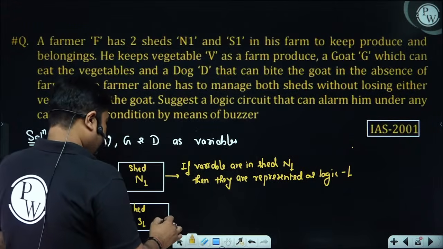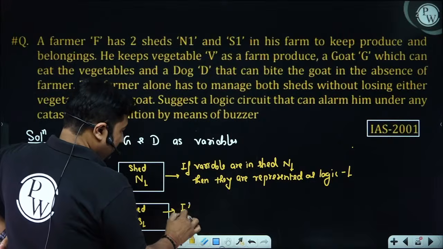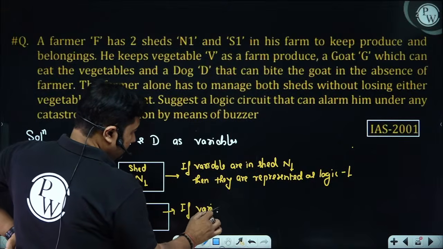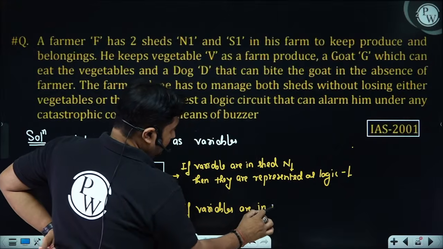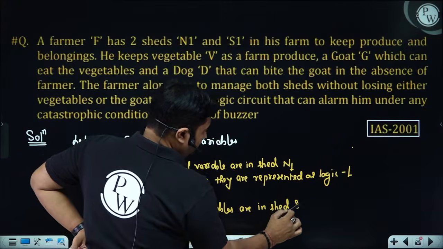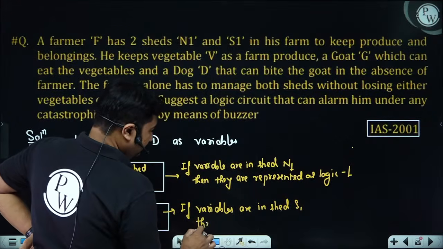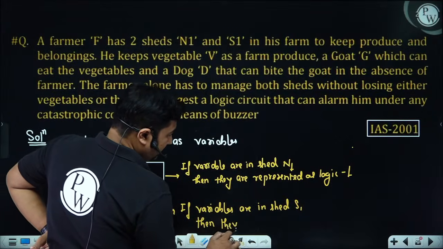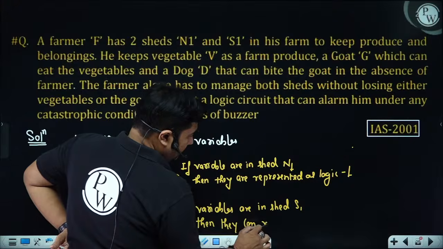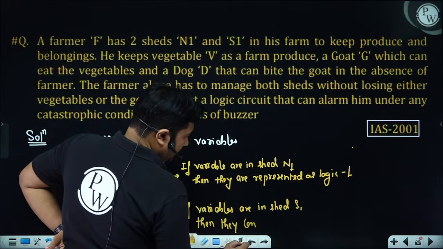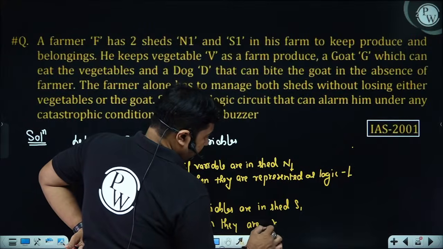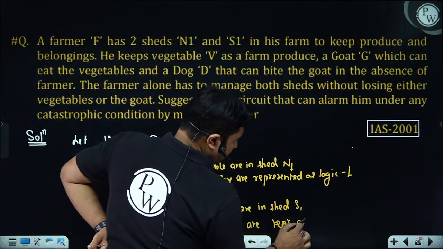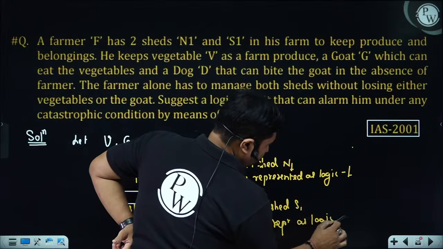And if variables are in shed S1, then they are represented as logic 0.